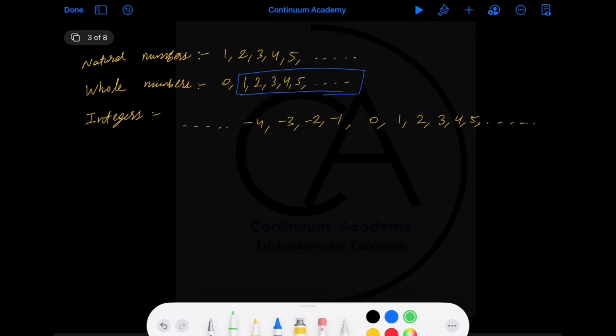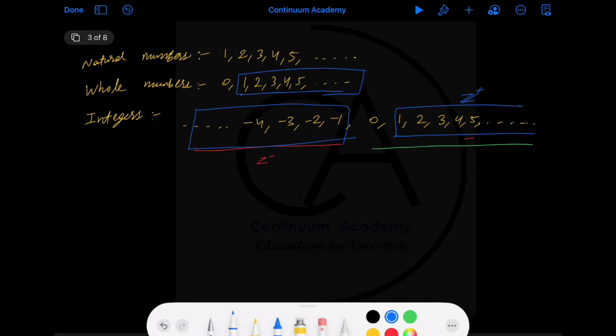Look here, this is the natural numbers, this is the whole numbers, and these are the negative numbers, also known as negative integers, and these are positive integers, and this is 0. In integers we have three groups: negative, 0, and positive.